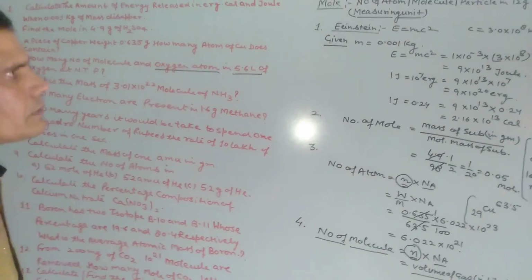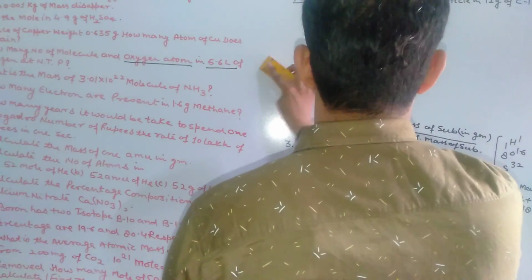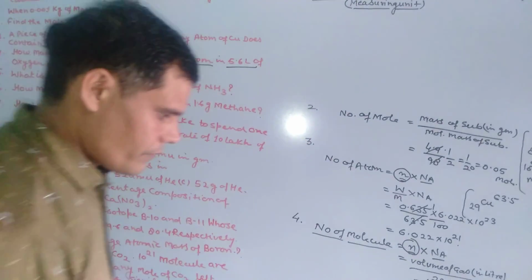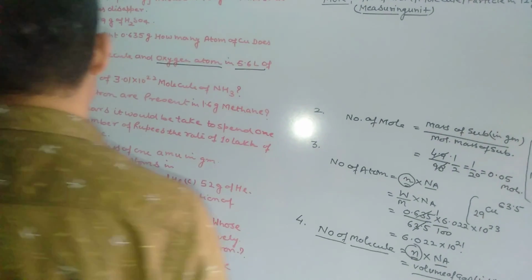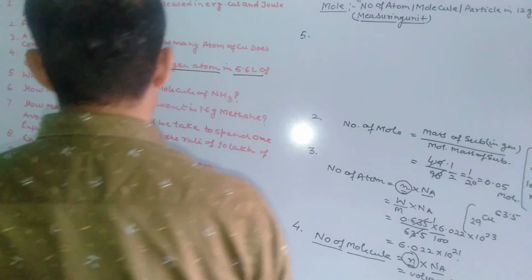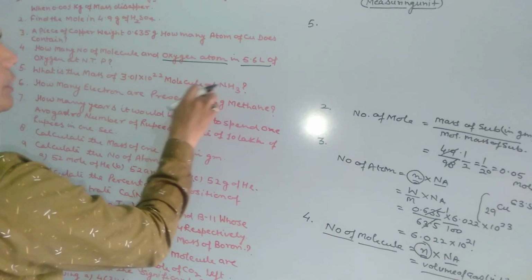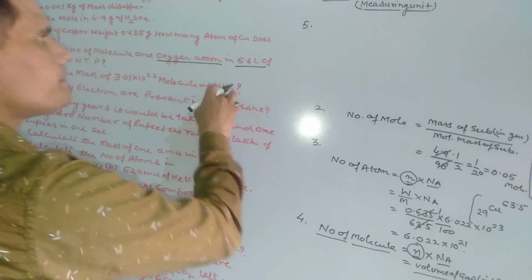The next numerical is the fifth. What is the mass of 3.01 into 10 to the power 22 molecules of ammonia?